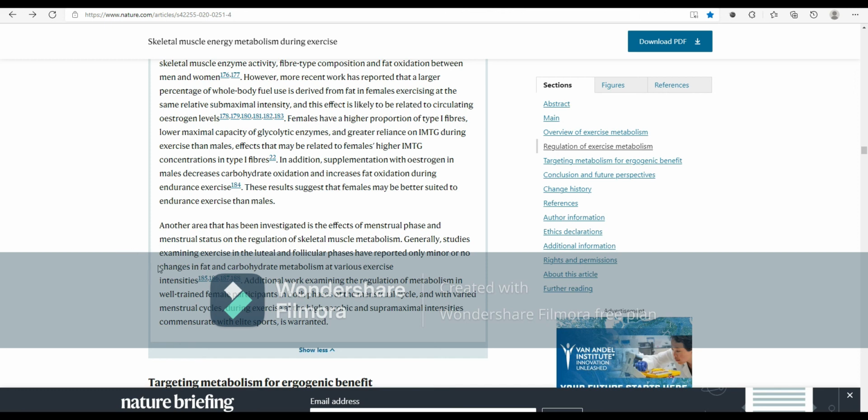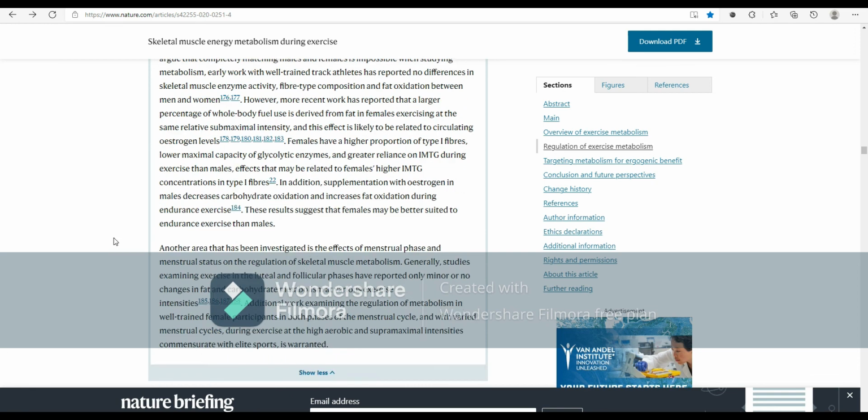And again, a reference list is presented here. Additional work examining the regulation of metabolism in well-trained female participants in both phases of the menstrual cycle and with varied menstrual cycles during exercise at the high aerobic and supramaximal intensities commensurate with elite sports is warranted.